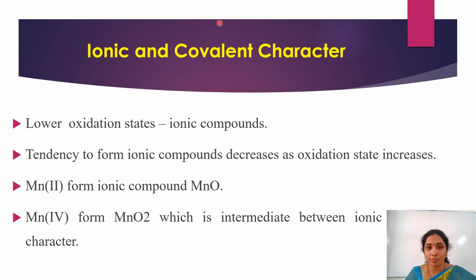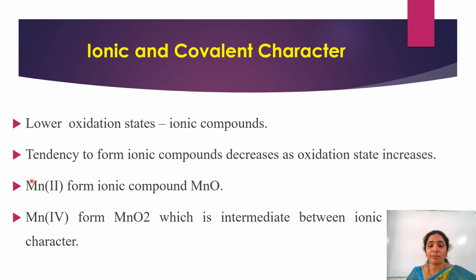Next property, ionic and covalent character. As we told, there are two types of oxidation state: lower oxidation state and higher oxidation state. Generally, lower oxidation state elements will form ionic compounds. Why? Because the tendency to form ionic compounds decreases as the oxidation state increases.